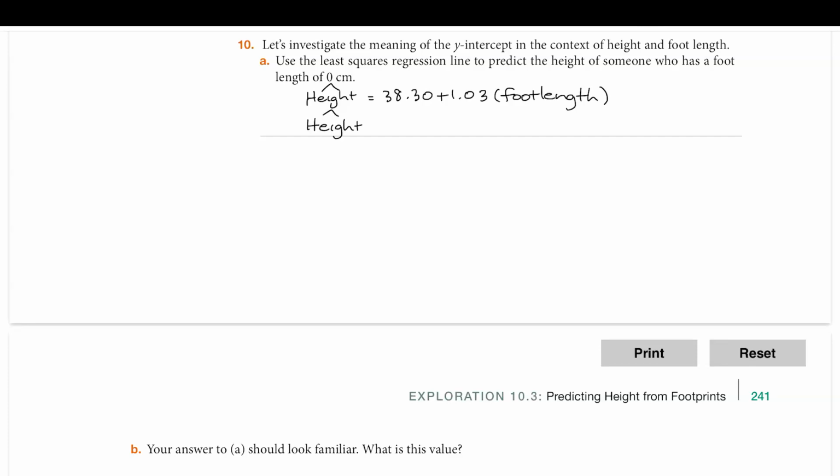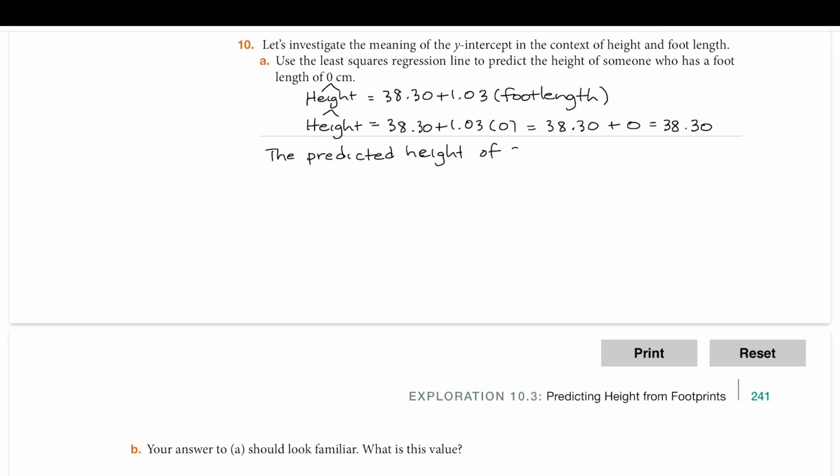I'm going to be very good about writing everything out, and you should be too. For a person whose foot length is 0 centimeters, I'm going to plug 0 in for foot length, which means I'm taking 38.3 plus 0, because 1.03 times 0 is 0, and I get 38.3.